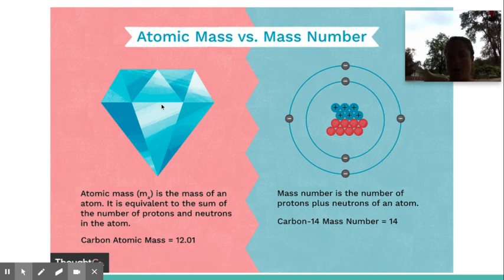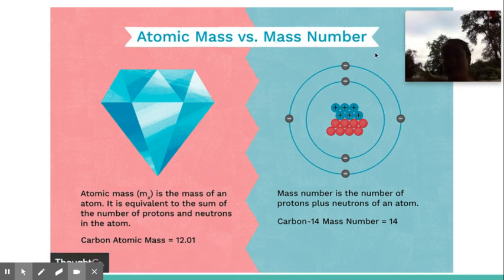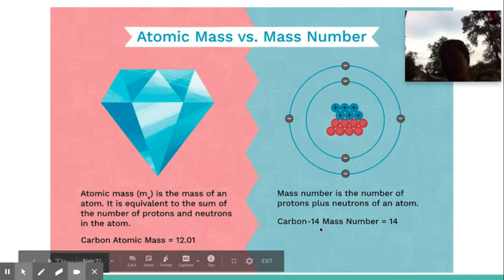Diamonds are made up of carbon, and the average mass of all of the atoms that make up this diamond is 12.01. However, if I pulled one of these atoms out and put it over here, this would be my mass number. When I add up my protons plus my neutrons, this would give me carbon 14.